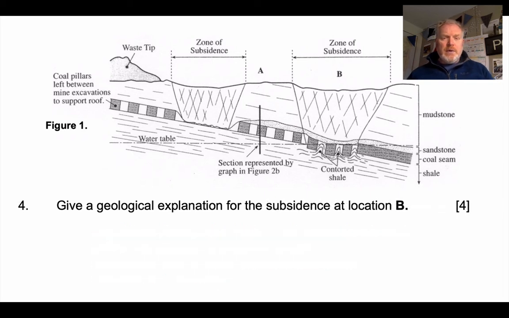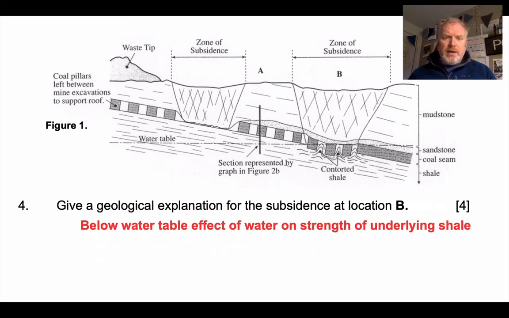Question 4 then looked at an explanation for the subsidence at location B. Now for location B, we can see the water table having an effect here. It's going to have an effect on the strength of the underlying shale. We can see the shale there is contorted. The coal pillars have pushed their way down into that shale, and the shale has flowed up into that void space, because it's ductile.